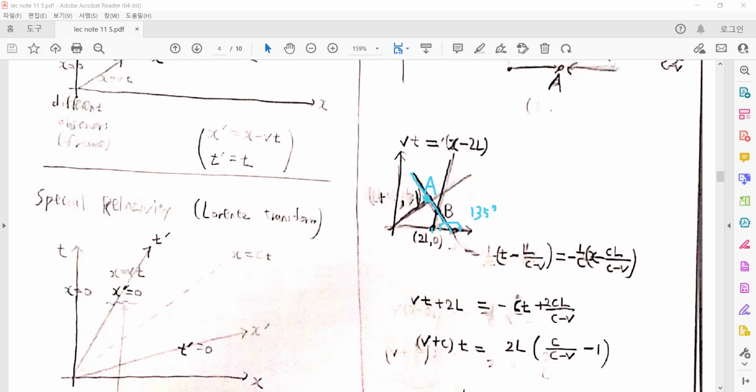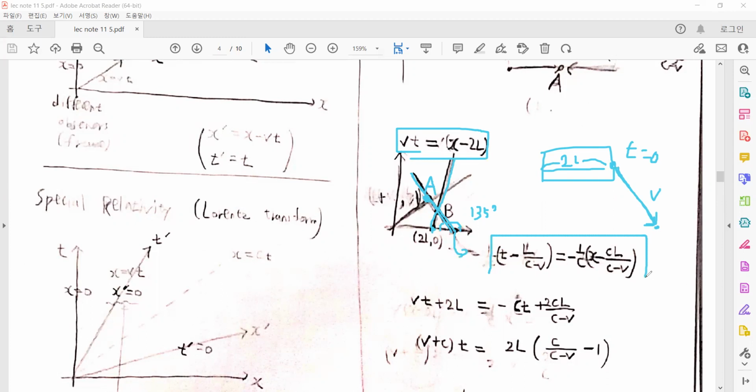And B starts at distance r at time t equal to 0, and moves with velocity v. So such a path of B can be represented in the space-time diagram with this equation. And such a 45 degree light path can be represented like that.